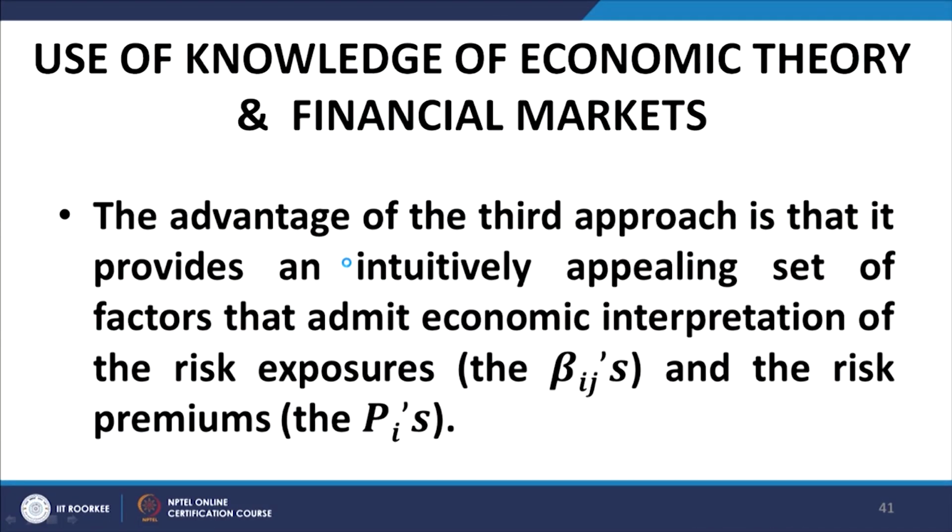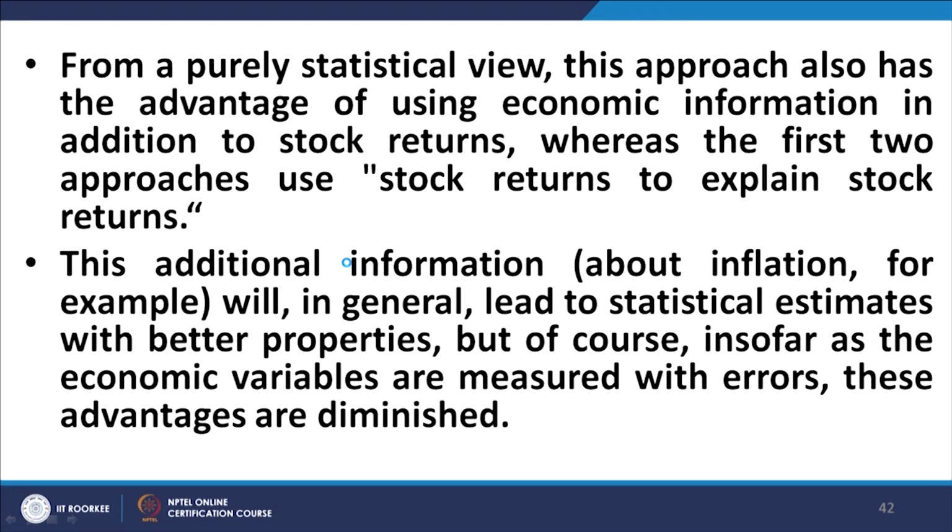Then we come to the third approach, that is the use of knowledge or economic theory and financial markets. The advantage of the third approach is that it provides an intuitively appealing set of factors that admit economic interpretation of the risk exposures, that is the beta_ij's, and the risk premia, that is the pi's.